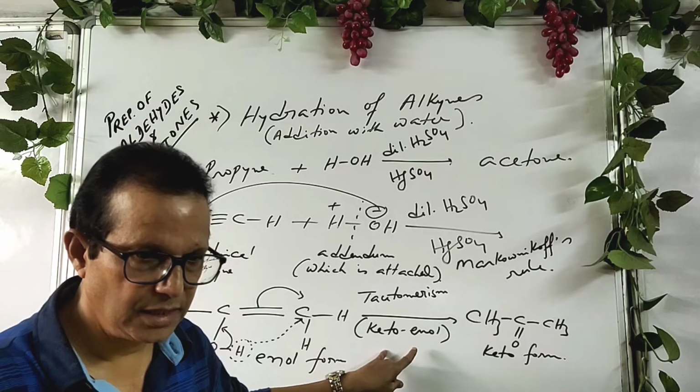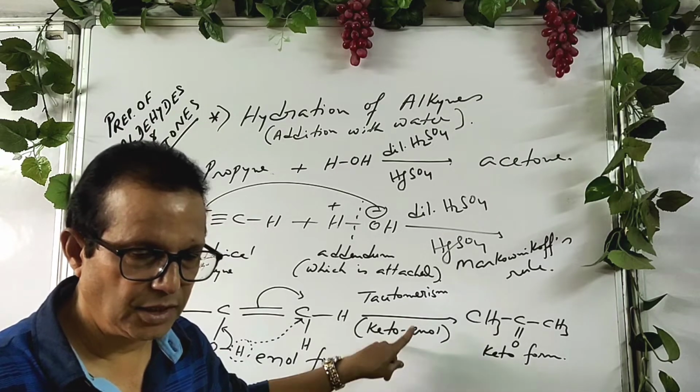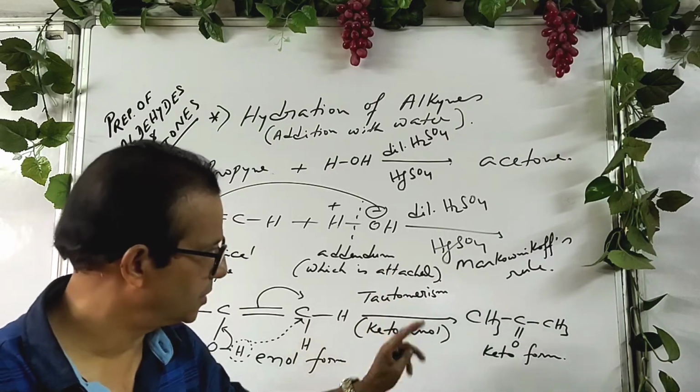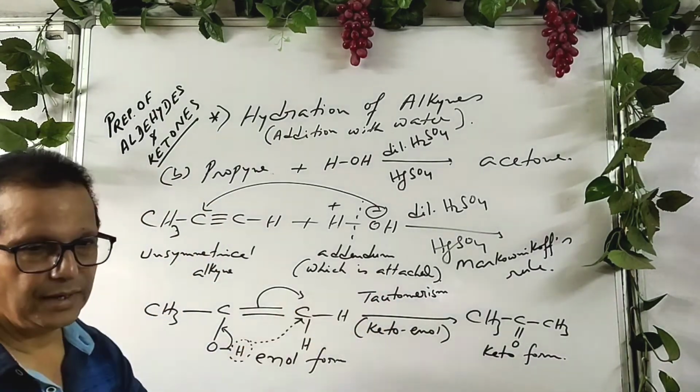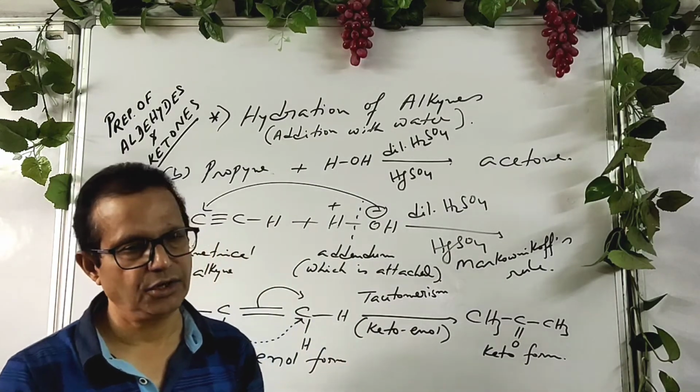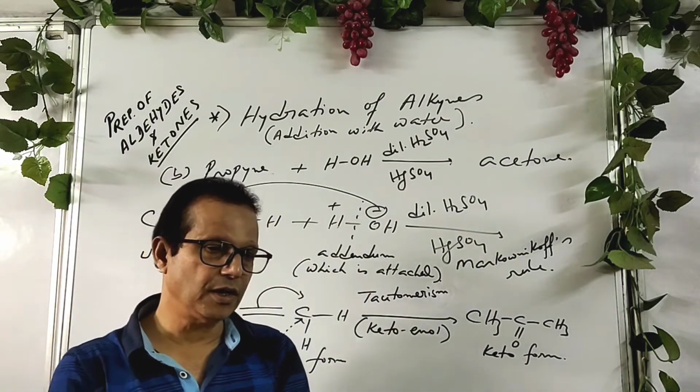In another class, I will discuss about the tautomerism and resonance side by side. Okay, so please follow my classes. I think you understand it. Okay, so remember the technique of the reaction only, not try to mug up the reaction.